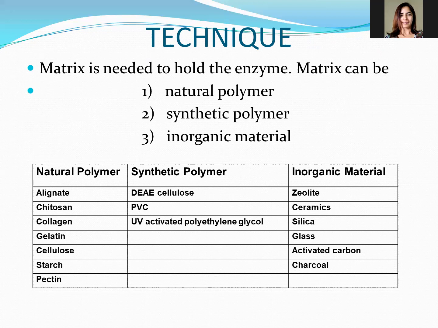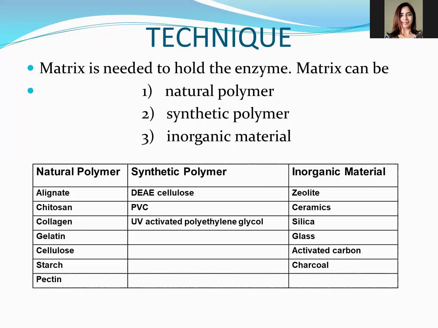Pectin is a heteropolysaccharide made of galacturonic acid, which is present in cell walls. Collagen is again a polymer. Gelatin is a support too. Other synthetic polymers are DEAE cellulose, PVC, activated polyethylene glycol, glutaraldehyde activated nylon.